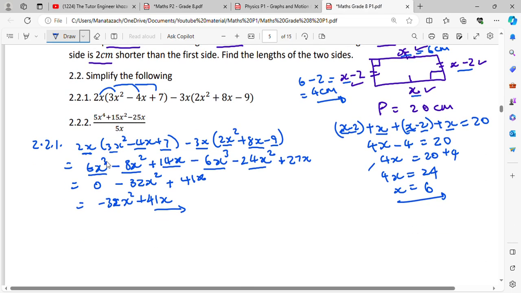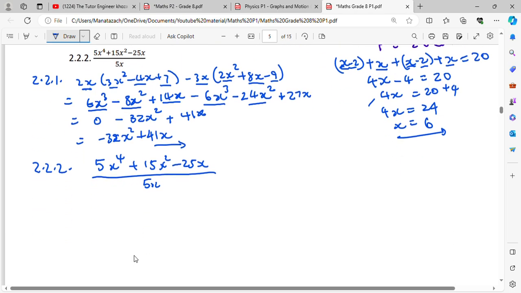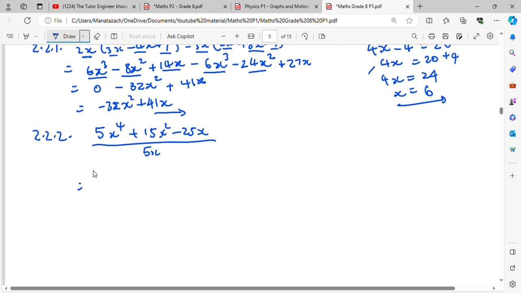And then let's go to 2.2.2, which is our final question for today. If you are given a fraction like this, that means you need to divide each and every term by the denominator. So you divide the first term of the numerator by 5x, likewise the middle term and the final term.